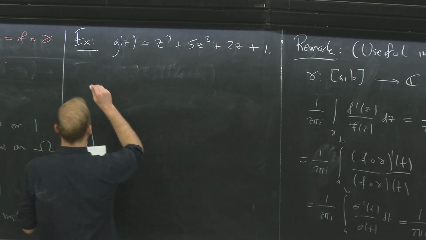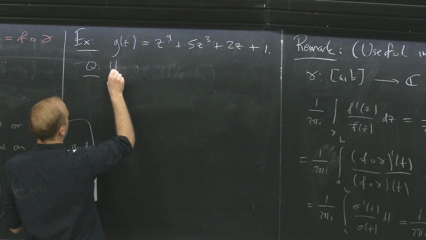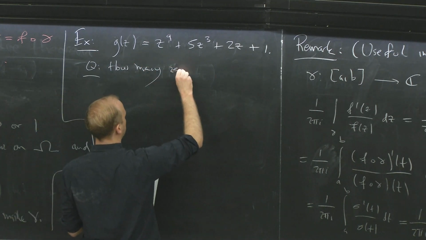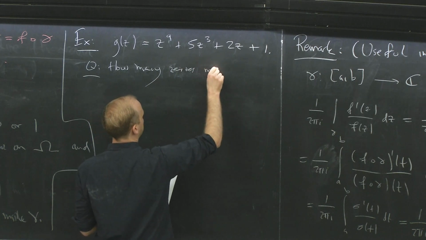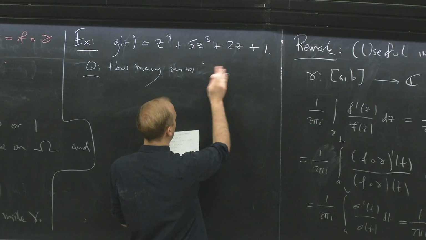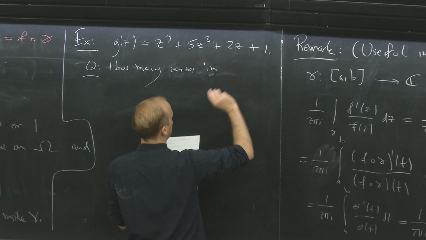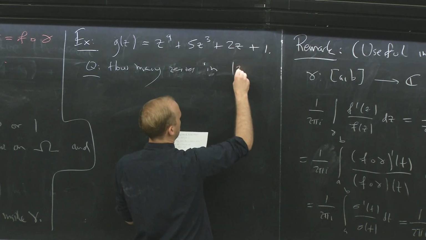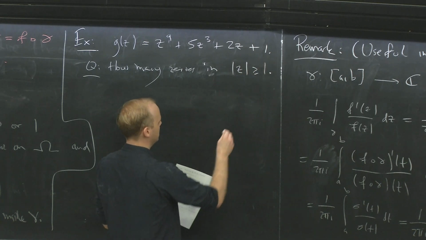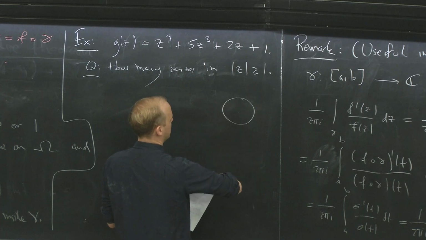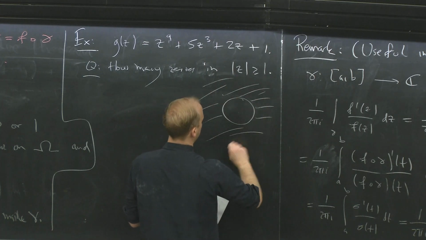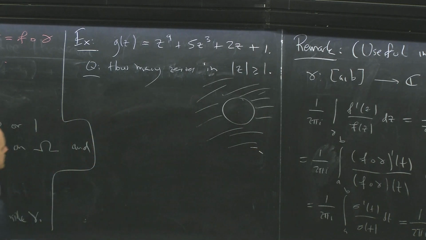So the question is, somebody asks you, how many zeros does it have inside some well-chosen region? So, well, let's actually say in the region outside of the unit disk. Why not? So how many does it have outside? This is the question.